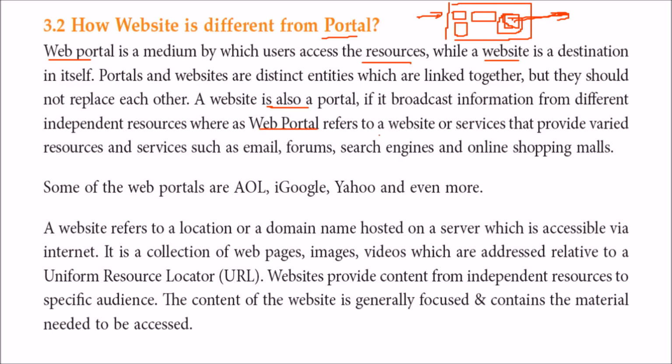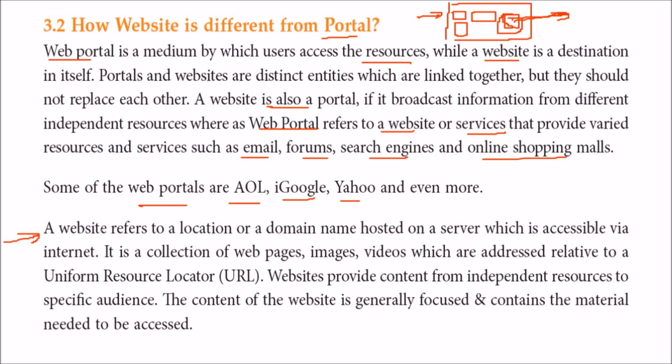But a web portal essentially means it redirects you to some website or services that have varied resources, like you can have on a portal email, forum, search engines, online shopping and whatnot. And we have various web portals. Some of the examples are AOL, iGoogle, Yahoo, and there are so many.